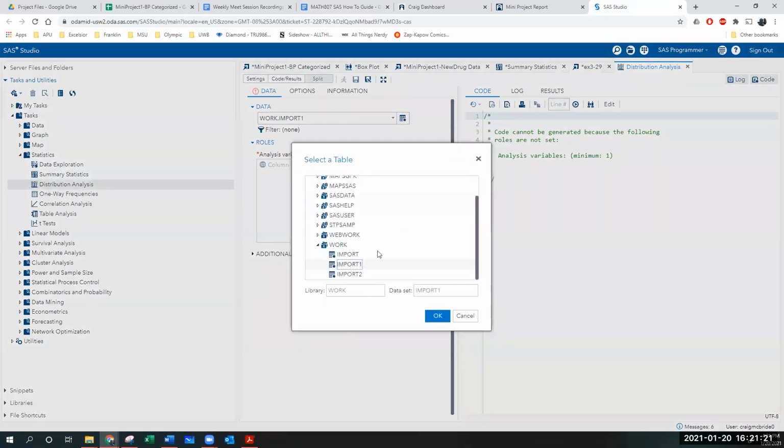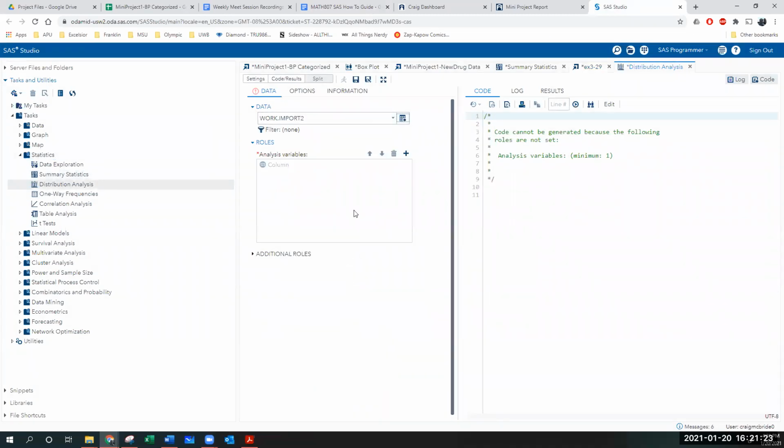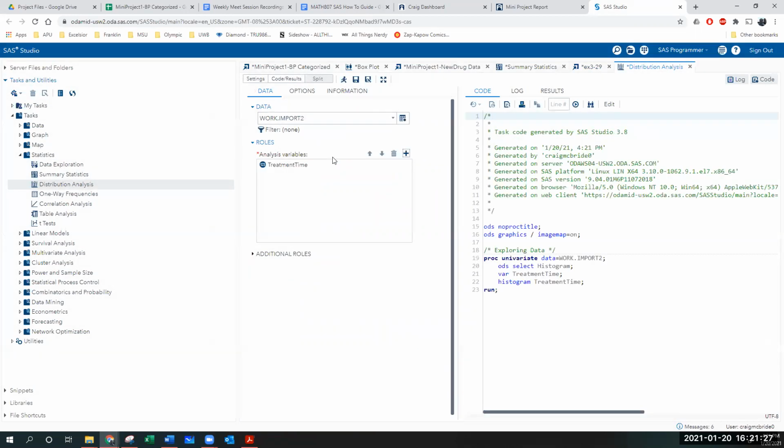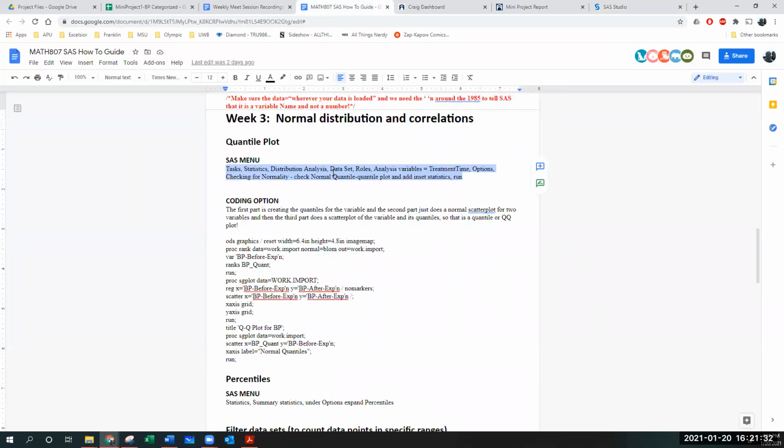Then we have to choose the right data set, which is that one. Of course, we have to add our analysis variable, which is just treatment time. And then let's double check if there's anything else we have to do. Options, checking for normality. You need to check the normal quantile plot and then add the insert statistics and run.